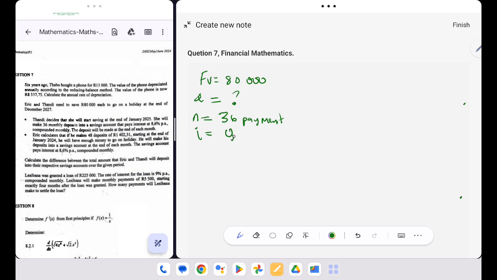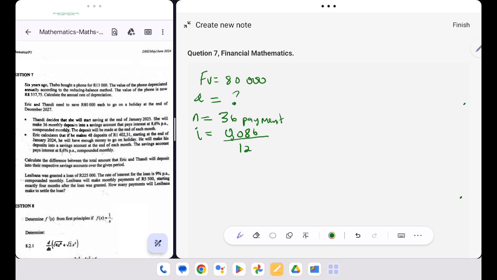So it's simply 0.086 divided by 12, because it's compounded monthly. Whenever you're given the rate of interest, you must change it to i. How do you change it to i? Firstly, you take the rate of interest, 8.6%, divided by 100, and then you'll get 0.086.